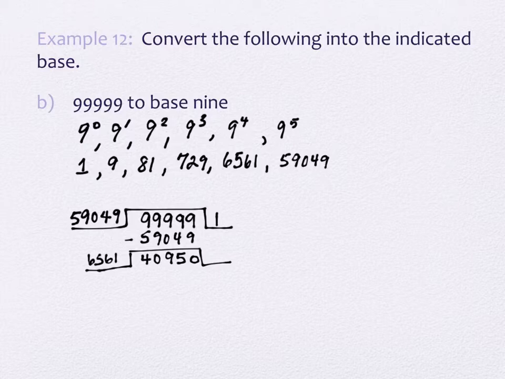So how many times will 6,561 go into 40,950? 6. And 6 times 6,561? 39,366. Good. What do I get when I subtract on that one?